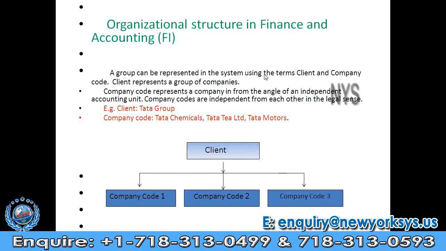Client represents a group of companies. Company code represents a company as an independent accounting unit. Company codes are independent of each other in the legal sense. Did you get this concept?